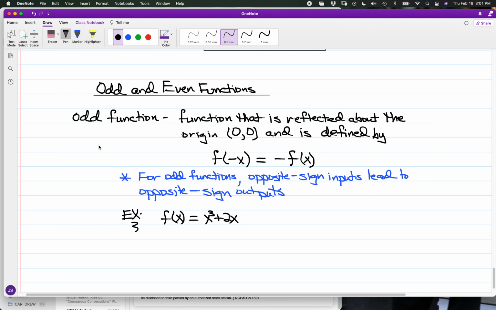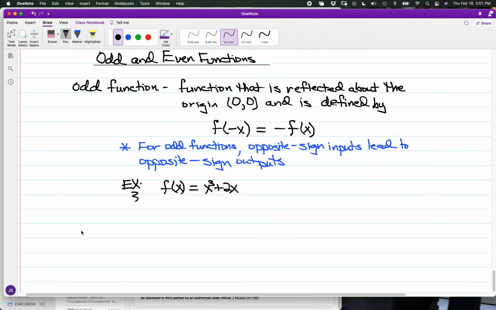Okay, now for what we have in the case of even functions. Now an even function is going to be a function that is going to be reflected about the y-axis.